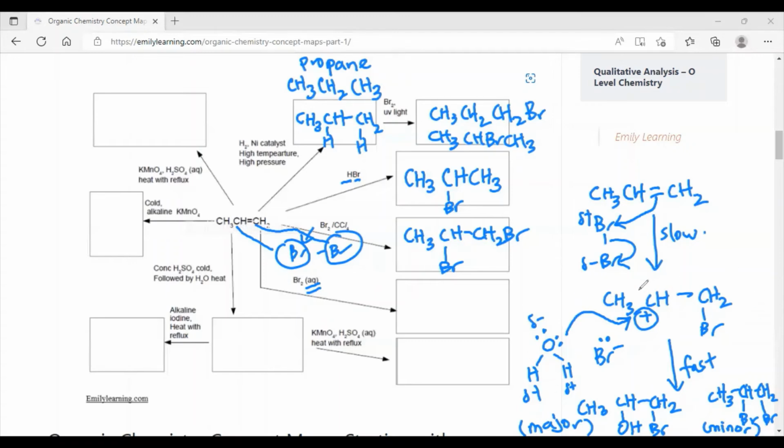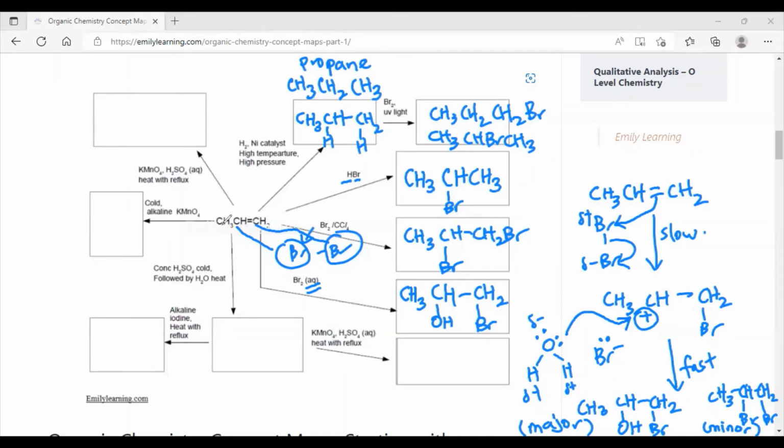For this product, it is formed when the carbocation reacts with Br minus. Because the concentration of water is higher compared to the concentration of Br minus, you will form this product in greater amount. So in the exam, if you're asked to draw the major product, then this would be your answer.